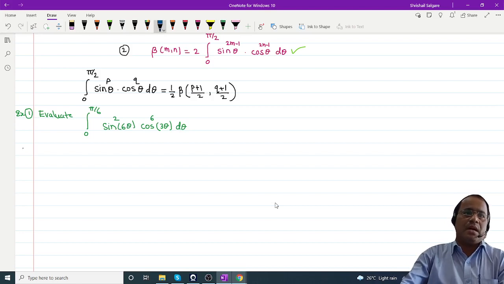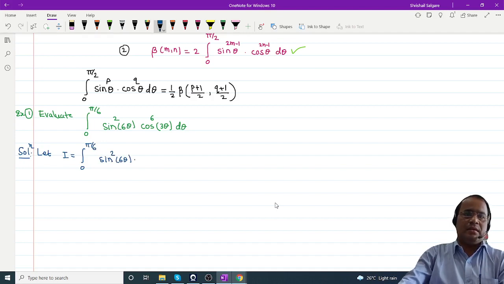I will write the given integral as I. So let I be equal to the integral from 0 to pi by 6 of sine square 6 theta into cos raised to 6 of 3 theta. Okay.